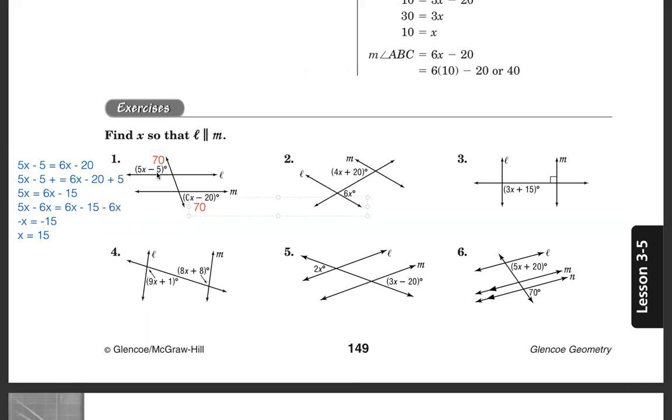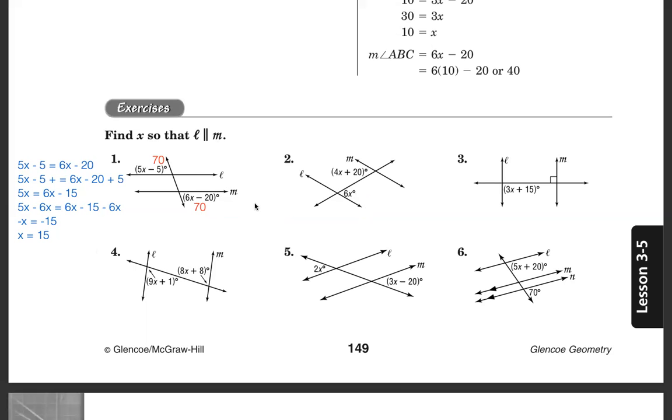So the only x that can make 5x minus 5 and 6x minus 20 equal is 15. If your x is not 15 in this problem, they will not end up the same, and it won't make your L and M parallel. They have to be the same because they are alternate exterior angles.